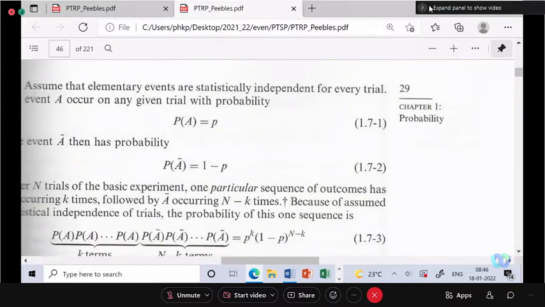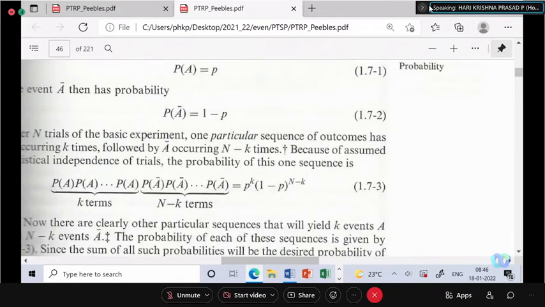Suppose event A is defined as getting head, so A complement refers to the event of getting tail. If the probability of occurrence of event A is small p, then the probability of occurrence of event B or event A complement becomes 1 minus p. That is the advantage of considering experiments that have only two possible outcomes.